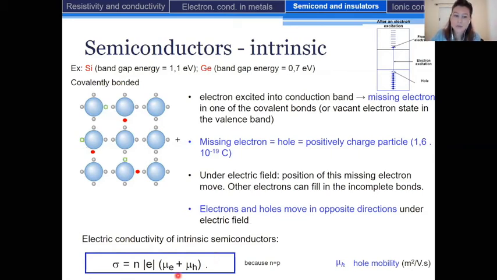So we have the contribution of the electrons, as we saw in metals, but we also have the contribution of holes. And since in this material we have the same number of electrons and holes, we can write the conductivity in that way. Okay, so this is the electron mobility, this is the hole mobility. They have different values, but the numbers of them are equal. That is why we have this simplification of this equation.